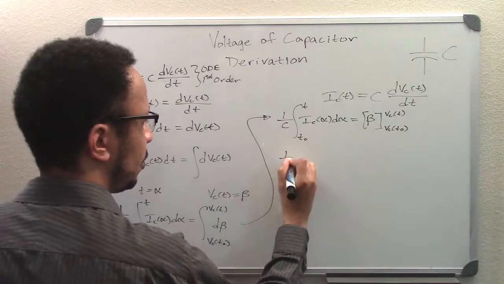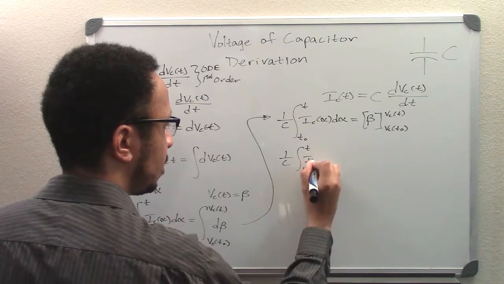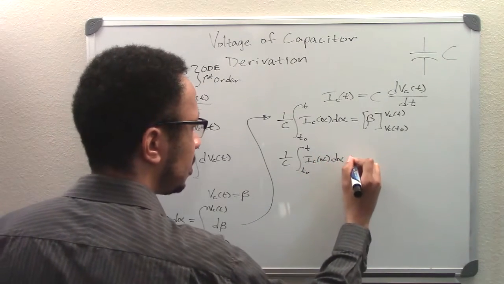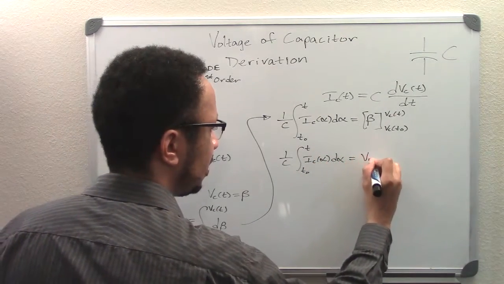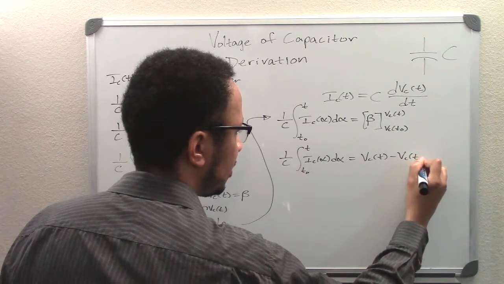Then, when we go ahead and evaluate further, we have iC(alpha) d alpha equals vC(t) minus vC(t sub 0).